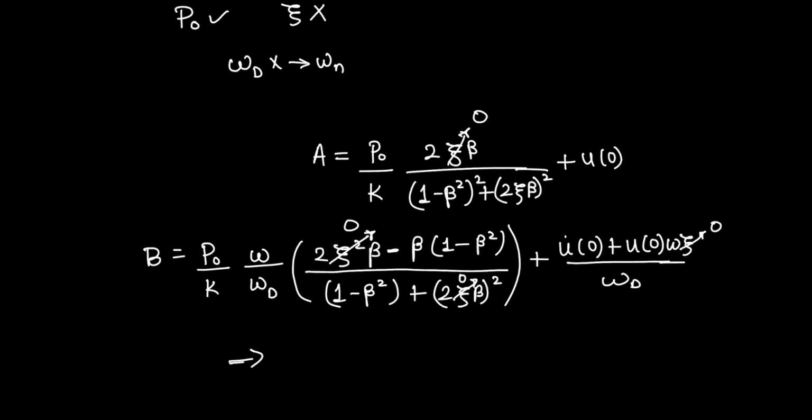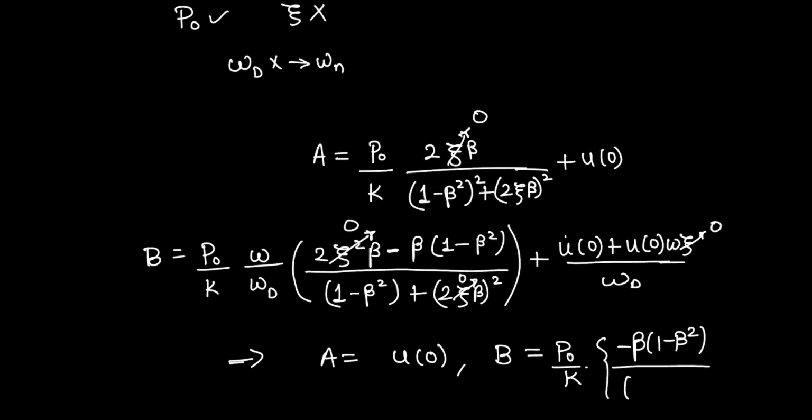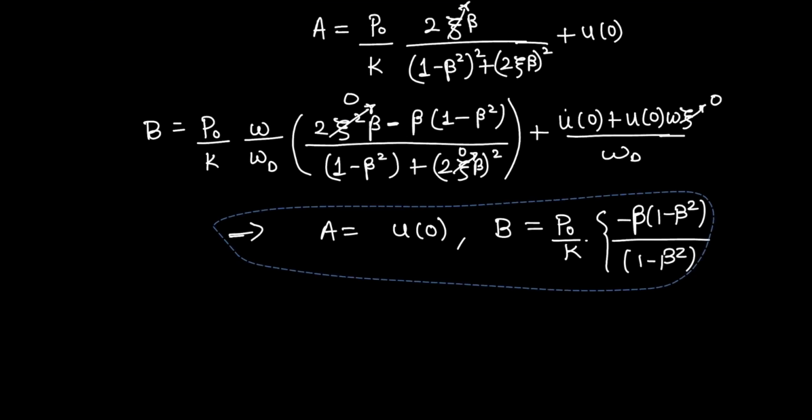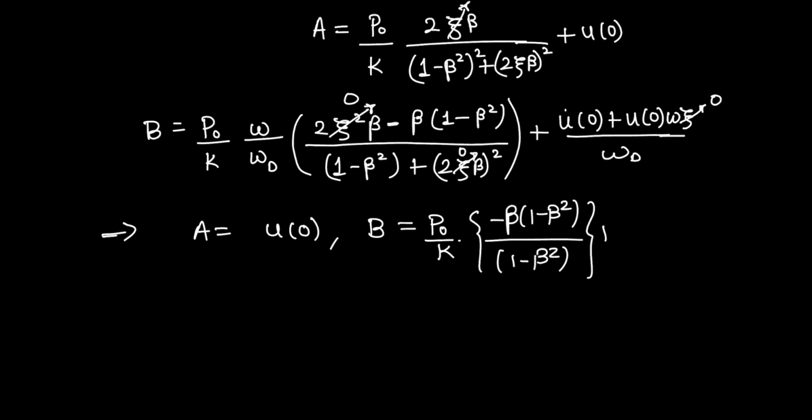And hence I obtain A is equal to U naught and B is equal to P naught by K into omega by omega d, which is equal to 1 in this case, minus beta over 1 minus beta square, plus U dot naught by omega.